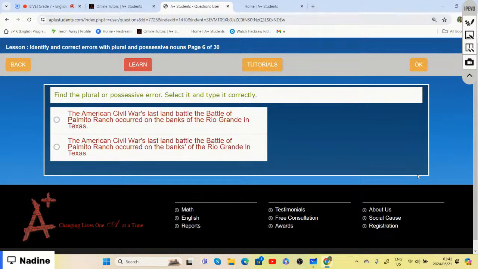All right, so it says that the American Civil War's last land battle, the Battle of Palmito Ranch, occurred on the banks of the Rio Grande in Texas.